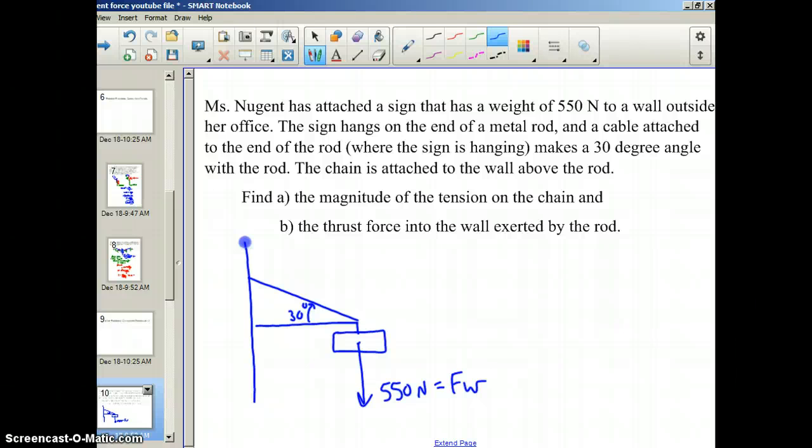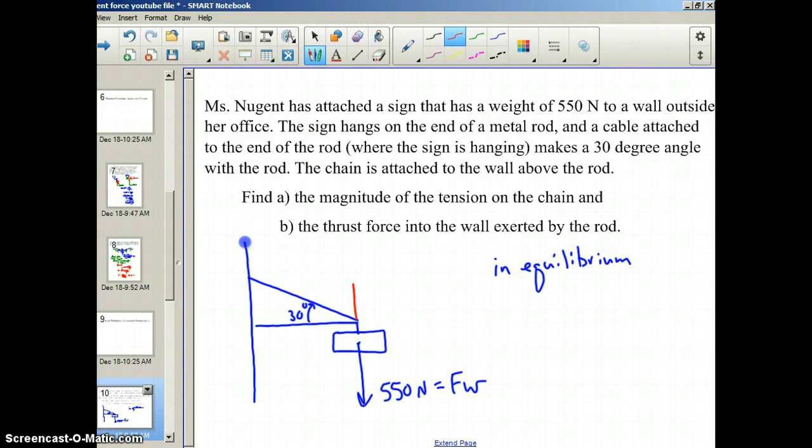In other words, the sign is in equilibrium. This is another way of stating that all the forces acting must be balanced. So if there's a downward force called weight, we know that there must be an equal and opposite upward force. And that force is supplied by the vertical component of the tension on the chain.